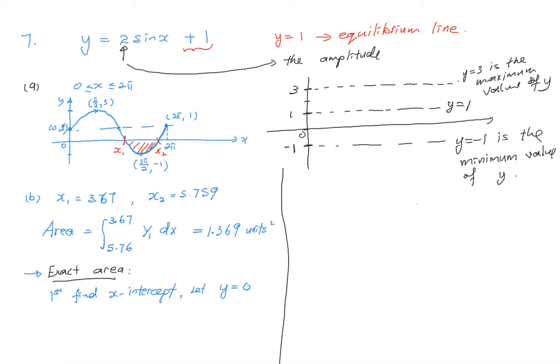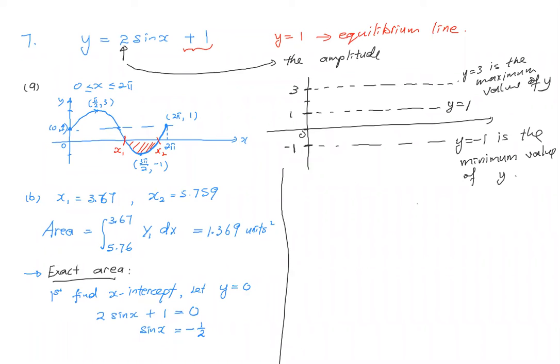You get me? So which means that 2 sin x plus 1 equals 0. So sin x equals negative half. Right? So we go back to all science teachers are clever. Still remember that from yesterday?